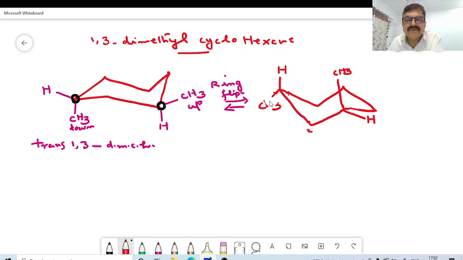Methyl group here, that is equatorial, other methyl group is axial. Okay, this is trans conformation. This is carbon number 2 again. Okay, I'll just remove that. This is trans 1,3 dimethyl cyclohexane. This is conformation number 1 and this is conformation number 2.